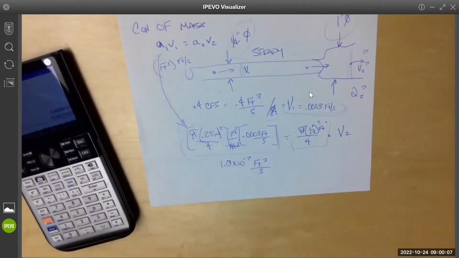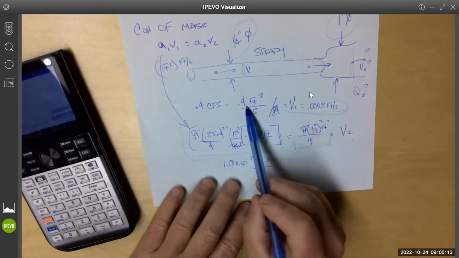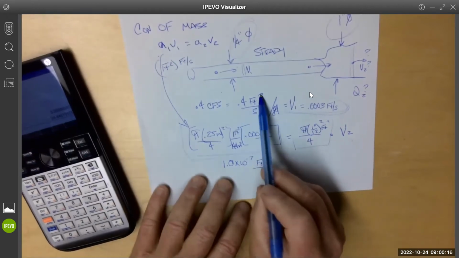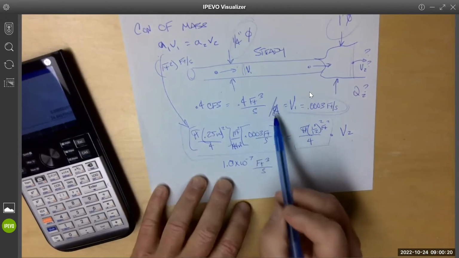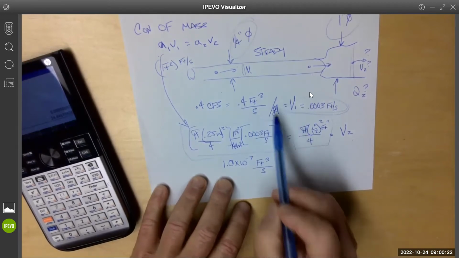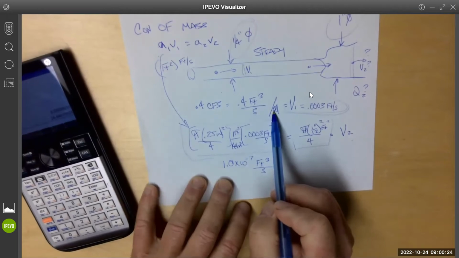What'd you get? 24. Like this should be 0.4 feet cubed per second, correct? That's what's given. And we divide by the area in feet squared.